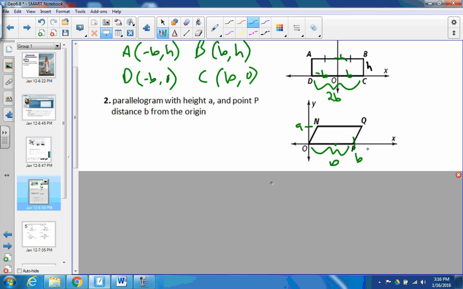We have 0, 0 here. Coordinate P goes over b and up 0. How do we know what coordinate Q is? Since the height is a, we know that both N and Q are going to go up a.